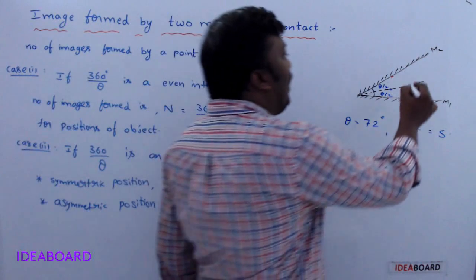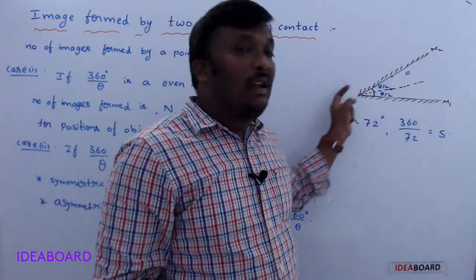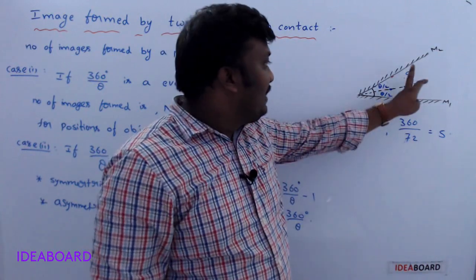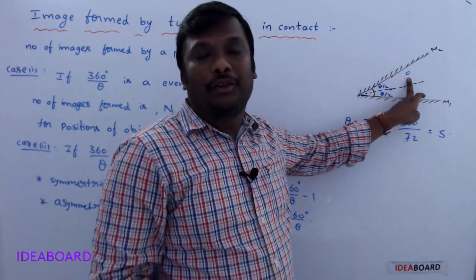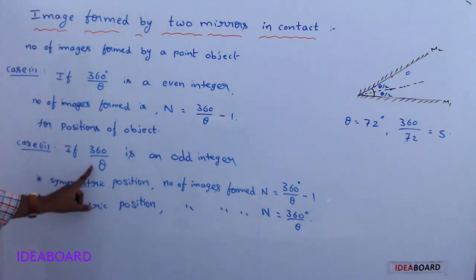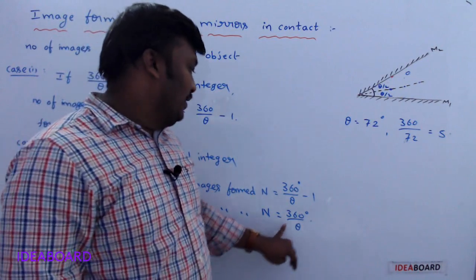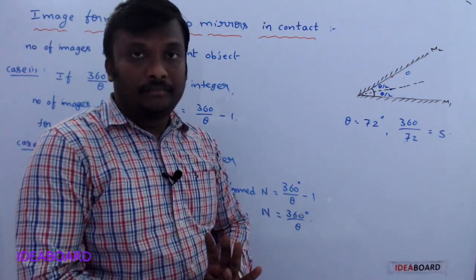If the object is located here, it is not on the angle bisector, that's why it is called an asymmetrical position. For an asymmetrical position, if 360 by theta is an odd integer, then n equals 360 by theta only.